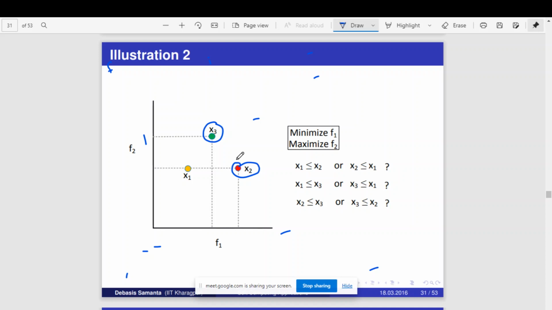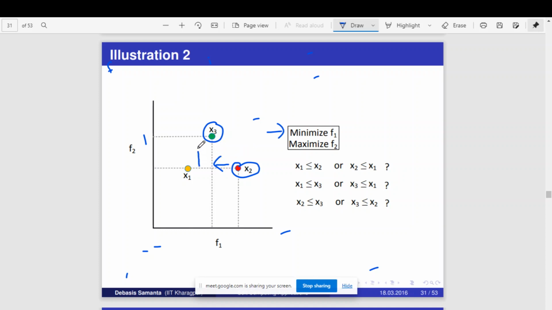Dominating, the domination definition you know, right? So is x3 better than x2? See, x3 is dominating x2, right? Why? Because here what we want to do is minimize f1. So with respect to f1, is x3 better than x2?